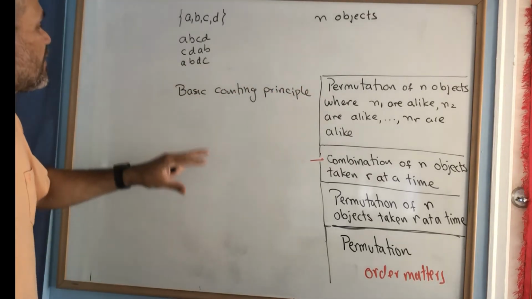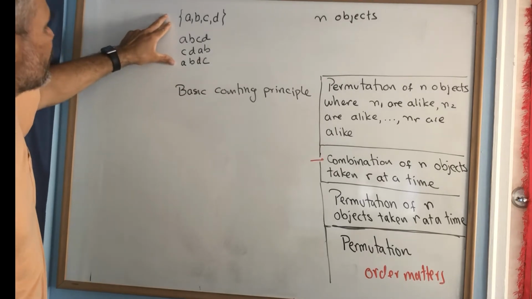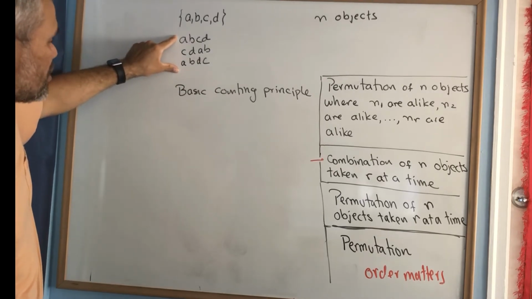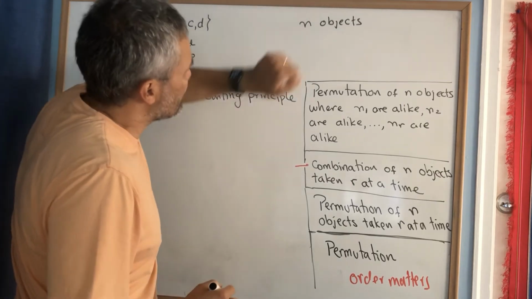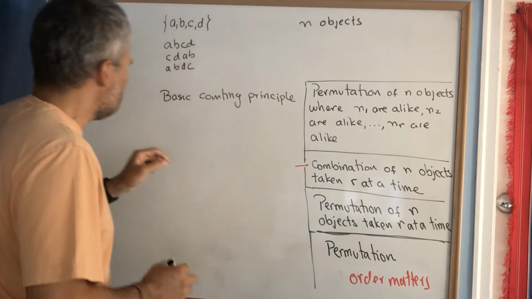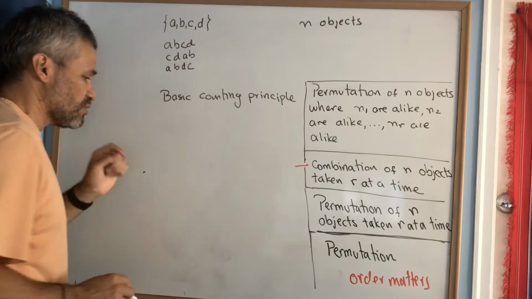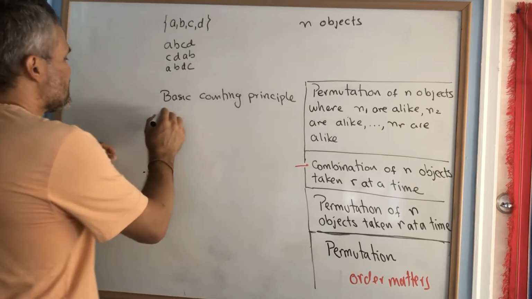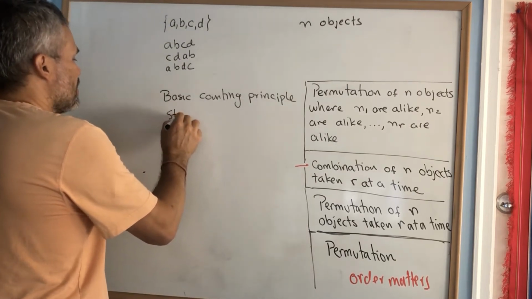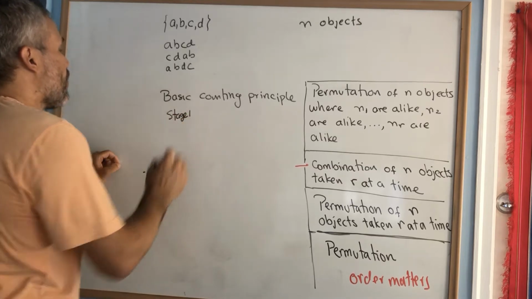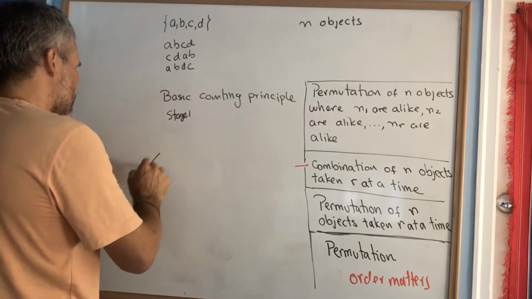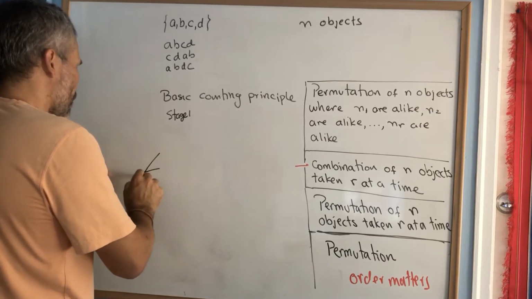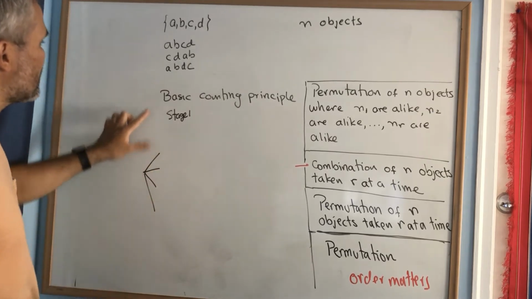We can divide this process of selecting all the permutations into 4 stages. In general, we would be using n stages. Let's do a tree, and this is stage number 1. For stage 1, we select the first letter, and we have 4 possibilities to do that, right?